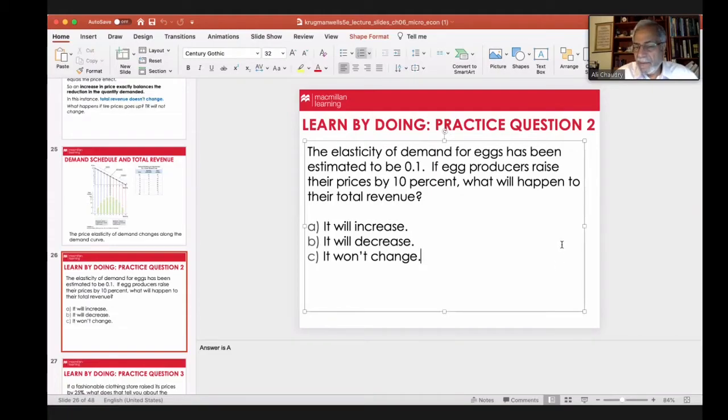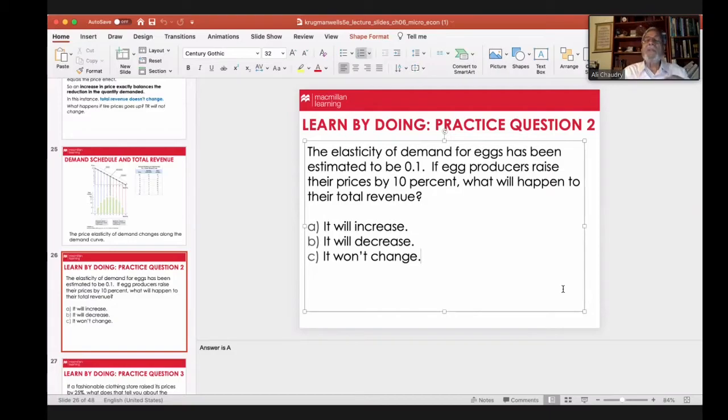So percent change in quantity demanded equals the price elasticity of demand times the percent change in price, which equals 1.